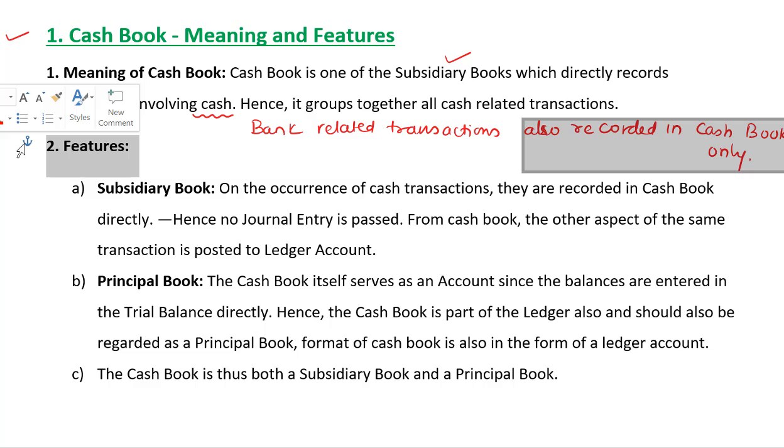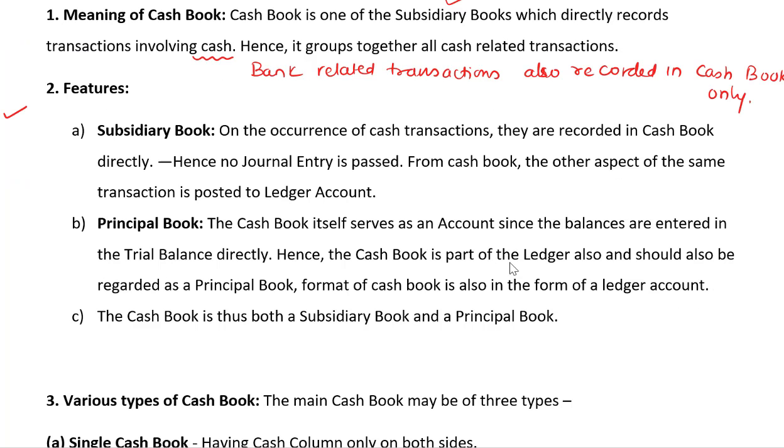Let's see its features. The first feature is cash book is a subsidiary book. So on the occurrence of any cash transactions, they are recorded where? They are recorded in cash book. Hence, no need to pass any journal entry.